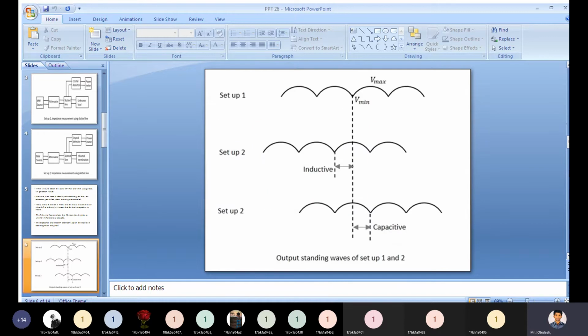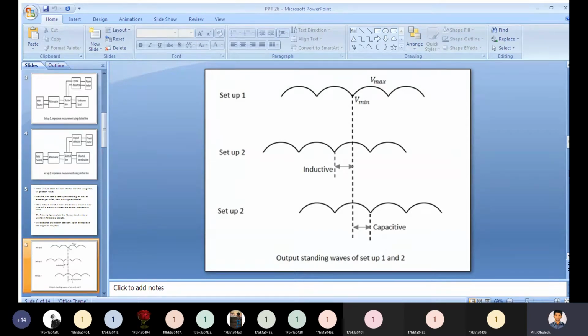See that diagram, the standing waves of step 1 and 2. In step 1, when we obtain the values of V minimum and V maximum using the load, we get some values.